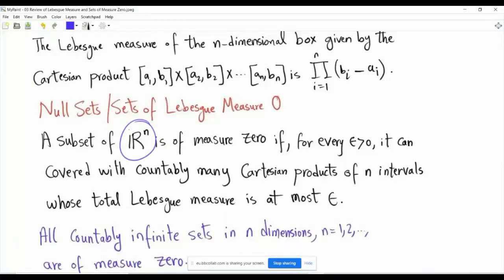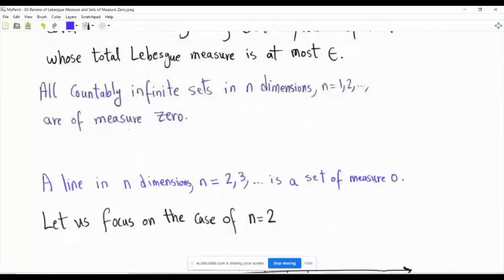If you have a subset of R to the n and you can cover it with intervals in 1 dimension, rectangles in 2 dimensions, cuboids in 3 dimensions, and so on, and you can make the measure of these covers as small as we wish, then we have a set of Lebesgue measure 0. So in the first tutorial session, I proved that any countably infinite subset of R to the n is indeed a set of measure 0.